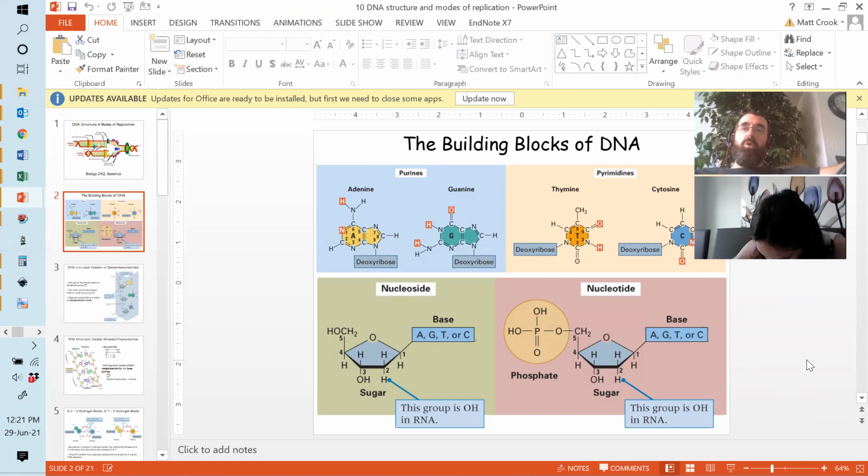And those, what we colloquially call bases or base pairs, in terms of distance we're really talking about a nucleotide. A nucleotide is a sugar, a base, and a phosphate group. A nucleoside doesn't have the phosphate. I'm not sure where we'd ever find those, but anyway.